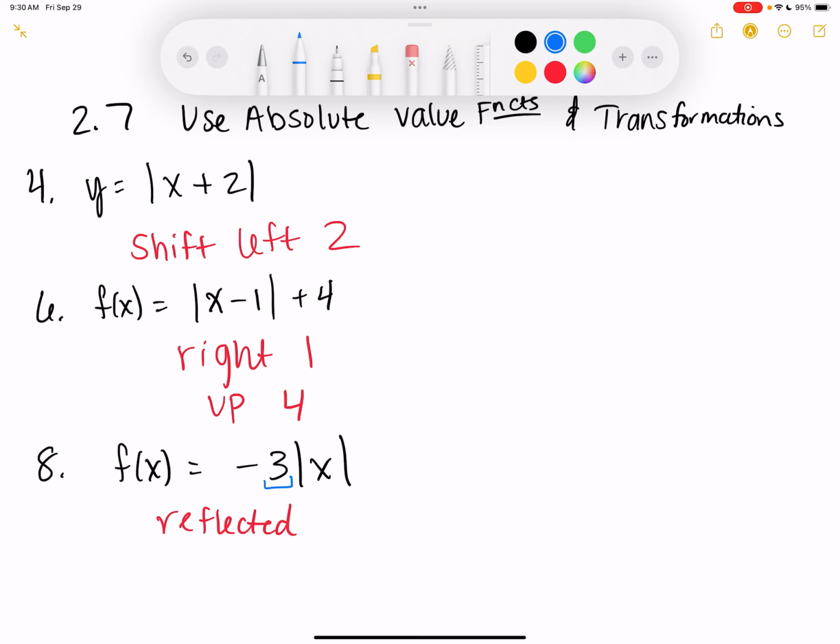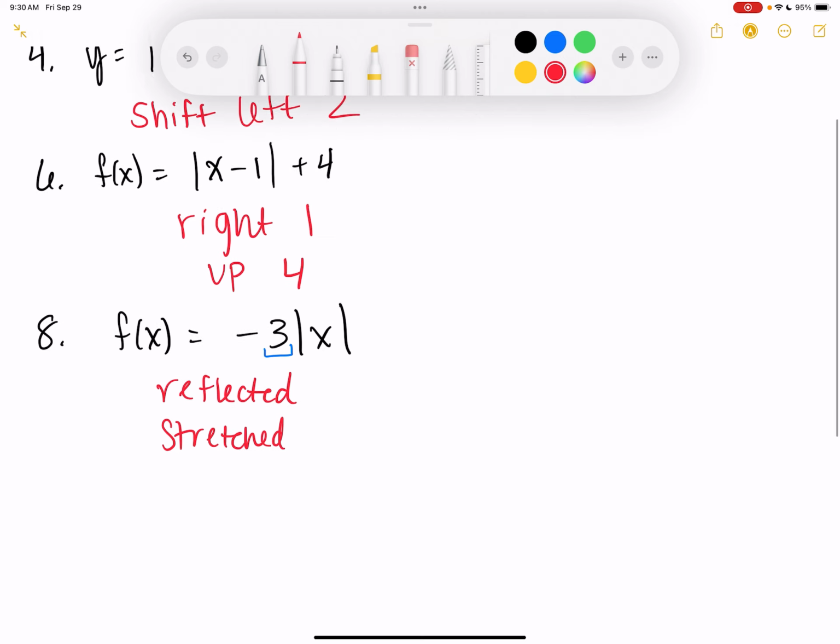We only care about the number itself, the absolute value of it. So basically disregard the negative sign and just look at the number. So 3 is greater than 1, so it is stretched. The biggest thing that confuses people is if it's stretched or compressed. Everything else usually they pick up pretty fast.